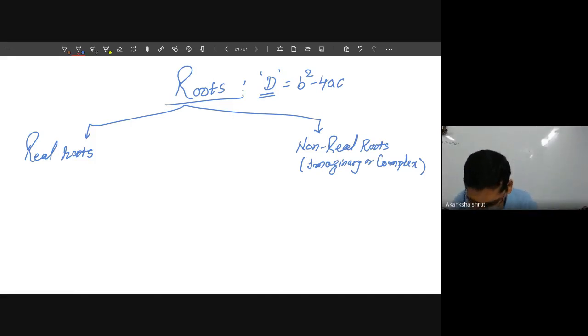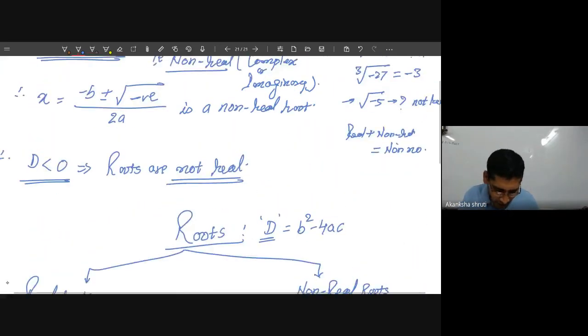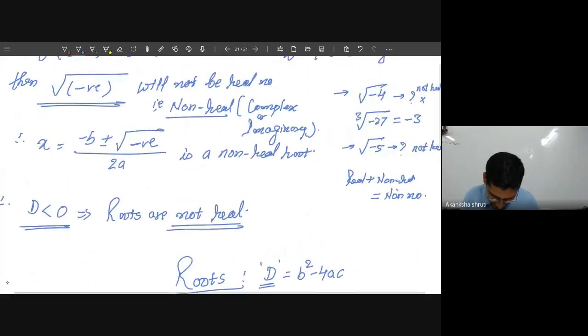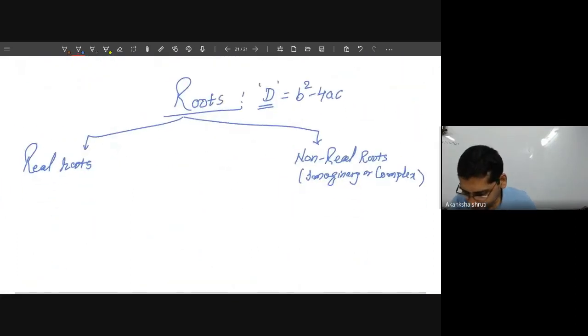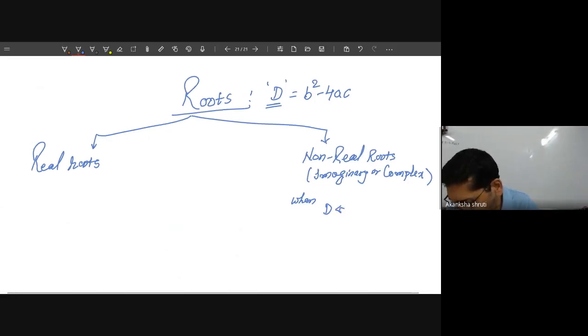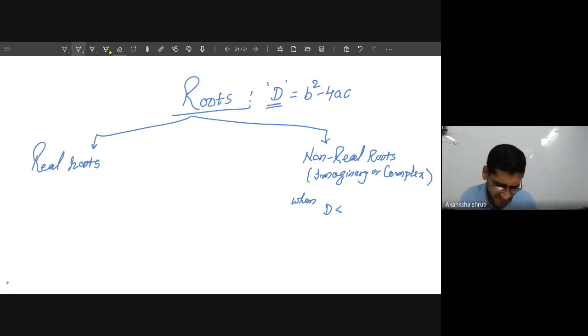Students, here we have just observed non-real is obtained in only one condition. What is that? That is D less than 0. So these are non-real roots when D is less than 0.